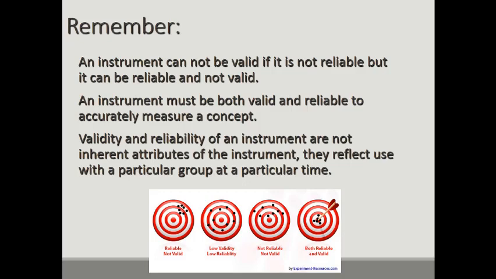Also, remember, reliability and validity are not inherent attributes of an instrument. Just because we've established that an instrument is reliable and valid at one time and with one group, it doesn't mean that it will be with another.